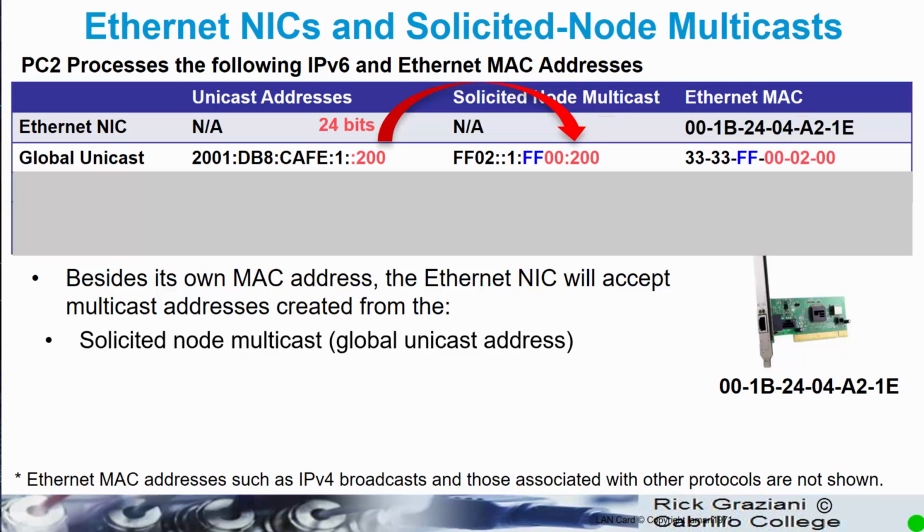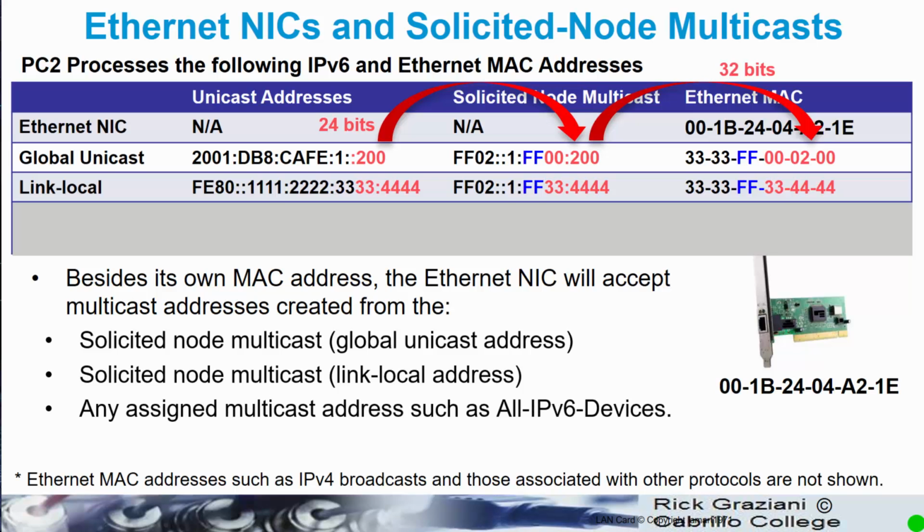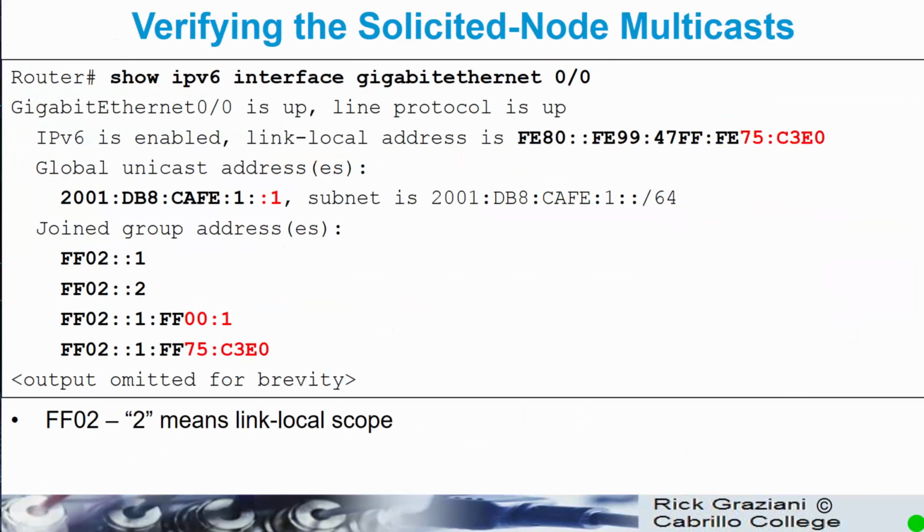That would be the global unicast address, the link local addresses, and any assigned multicast addresses such as all IPv6 devices. So the mapping of this IPv6 multicast is, again, more efficient. So we're building up that. Not quite sure why we do that, but in this chapter, that was a huge thing, which we'll talk about as it's coming up, but we don't discuss it quite yet.